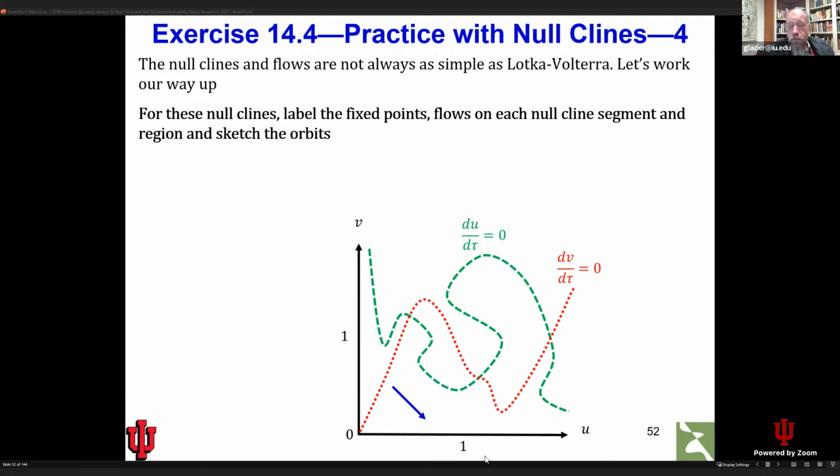Somebody just draw on top of this, the arrow. I start out increasing u, decreasing v. I'm crossing the v nullcline, so v will now be increasing and u will still be increasing.